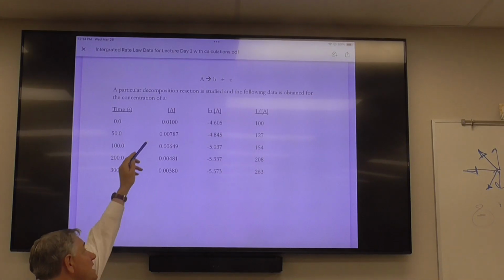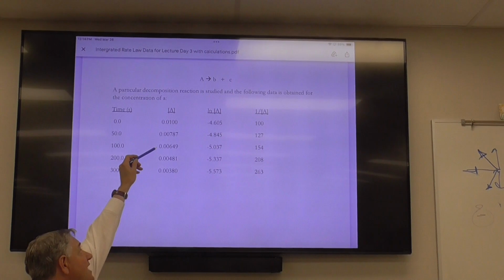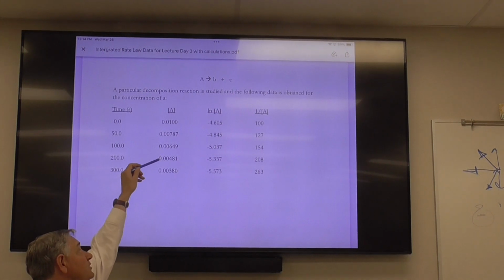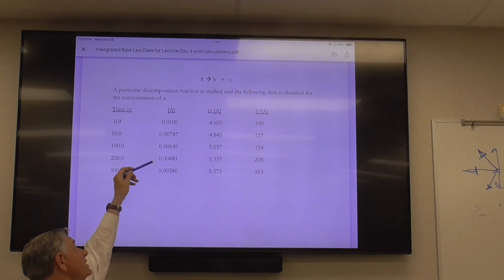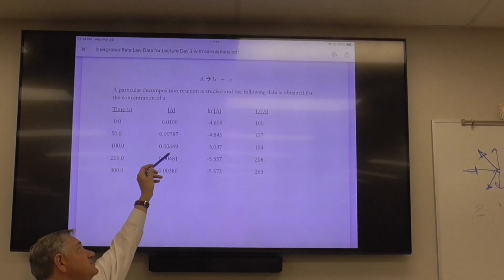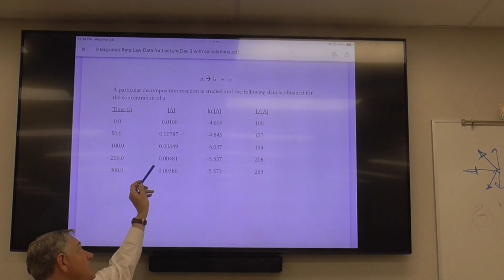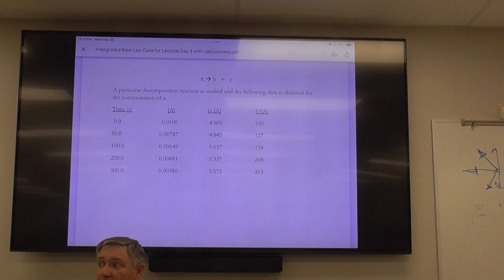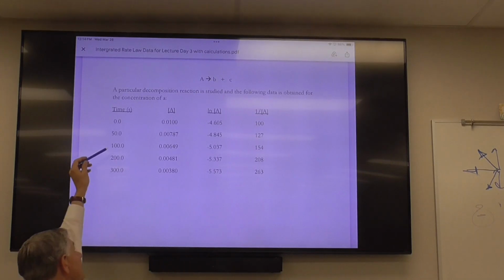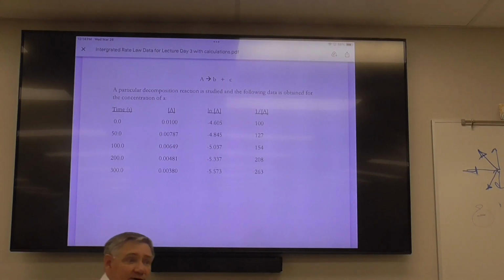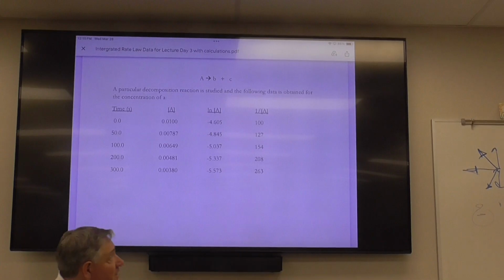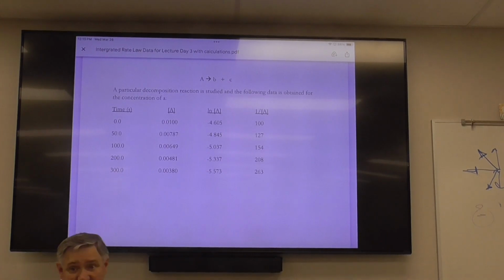So when this becomes half, that value of 0.005 is going to be somewhere in this gap between 0.00649 and 0.00481, which means my time has to be somewhere between 100 seconds and 200 seconds. So when we got 182 seconds, that fits in this gap.